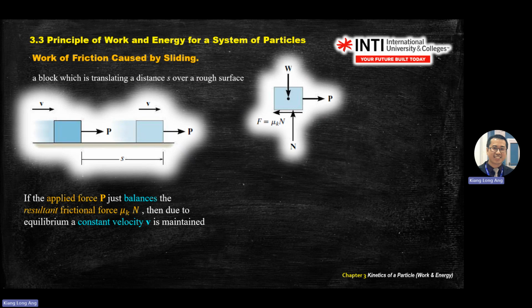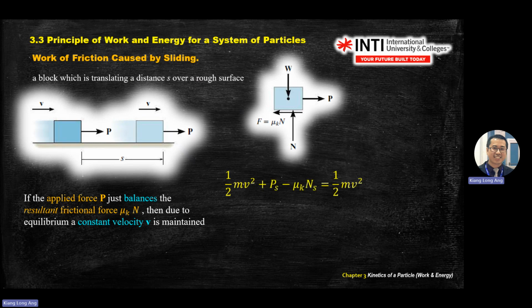I think you understand. When the object moves on the surface, you have a friction force. Will friction force give you negative work or positive work? Negative, because friction always goes opposite to your motion.